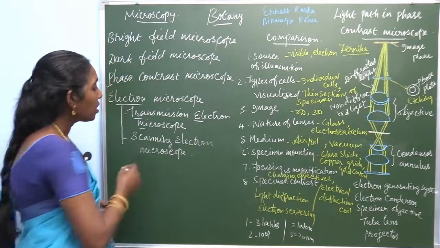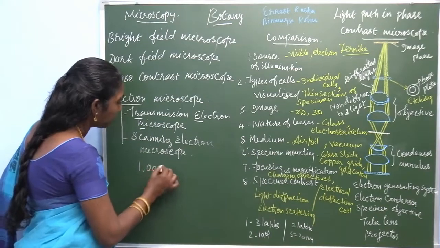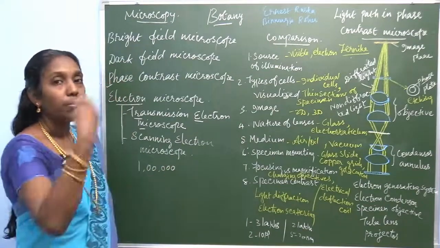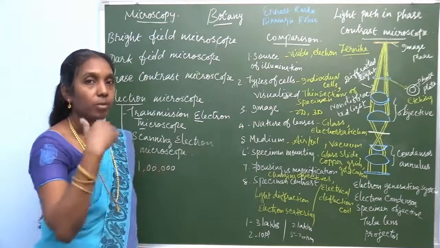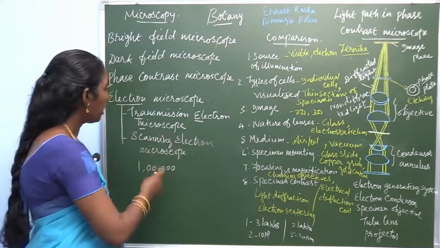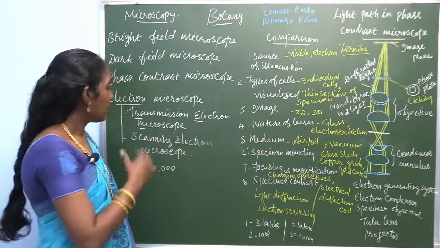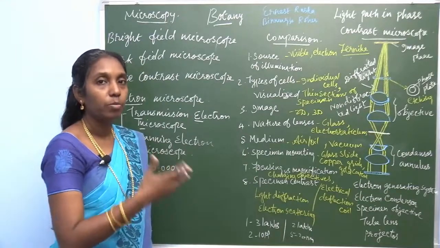The image is magnified 1 lakh to 3 lakh times, and the image has contrast, so the resolving power is high. The magnification is 1 lakh times more than that of the light microscope.